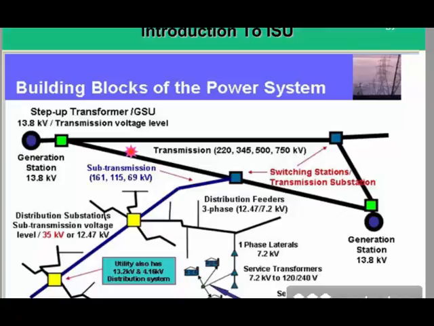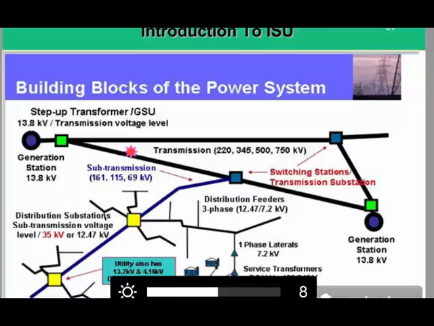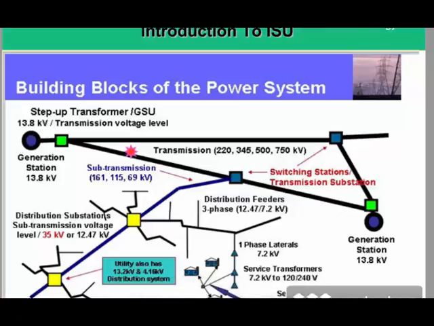As you go down, you can see there is a distribution substation which is reducing the 35 kilovolt to 12.47 kilovolt. So this is called the step-down substation. Basically the concept is that transmission carries power over high voltage level, and distribution is at the lower voltage level.